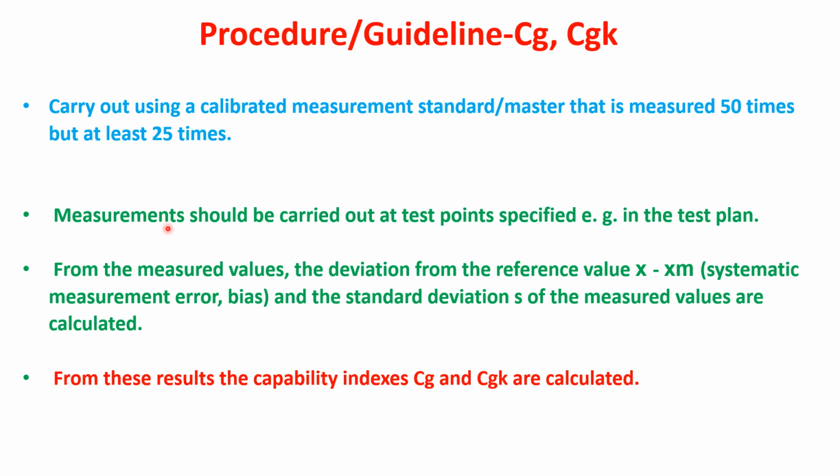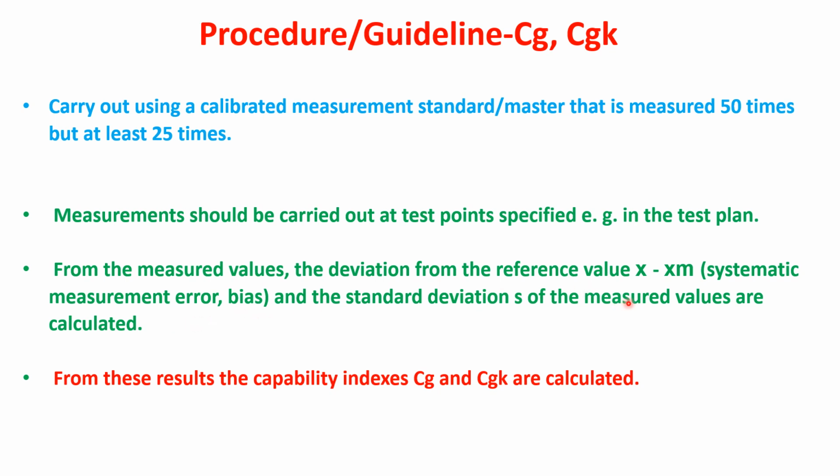Then measurement should be carried out at the test point specified. Whatever method you use for checking, the same should be followed at the same point as per the control plan or the quality plan. Then from the measurement values, the deviation from the reference value, the X master difference, that is the systematic error or the bias error, should be calculated.